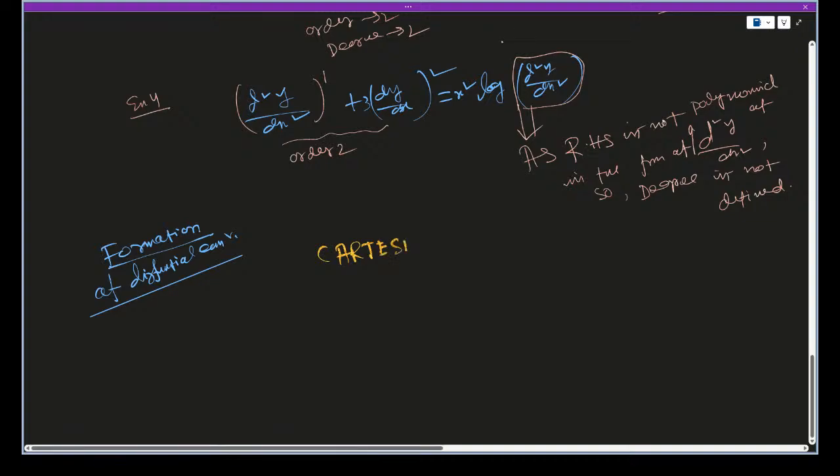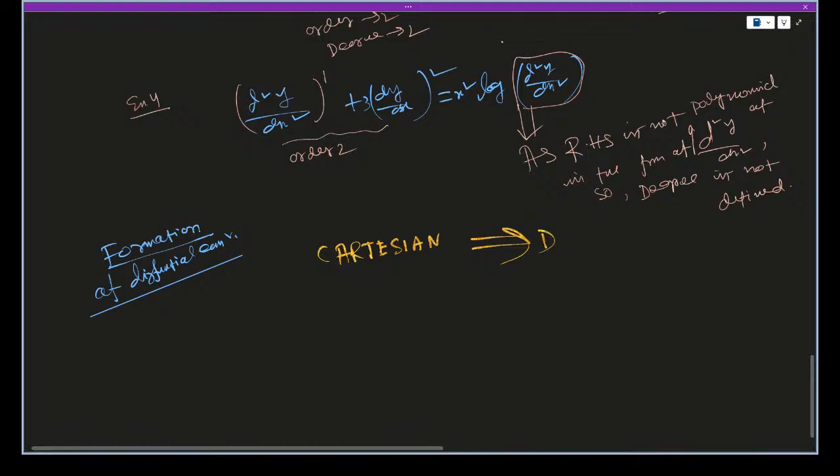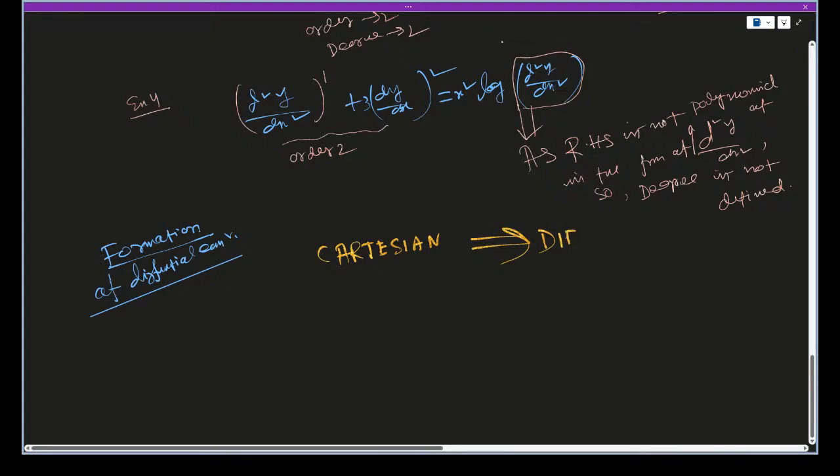Cartesian equation to differential equation. Then what does it mean? There will be a Cartesian equation. I have to get a differential equation by differentiating it.